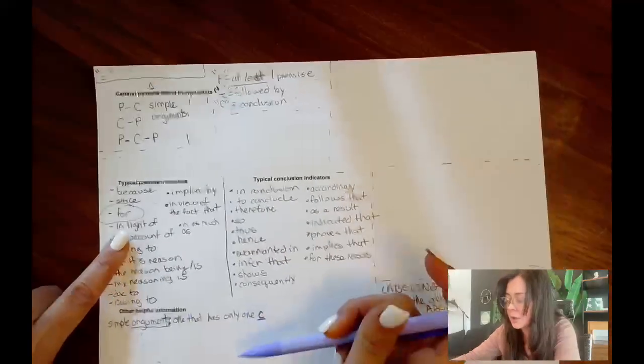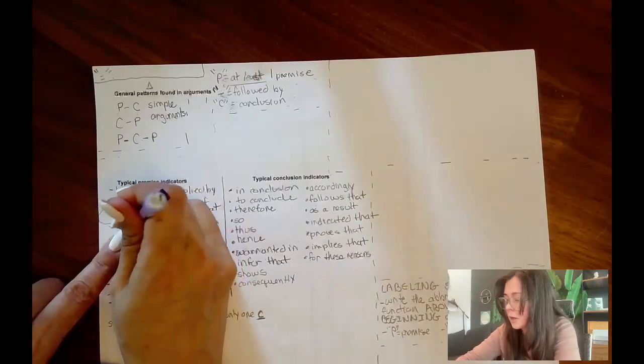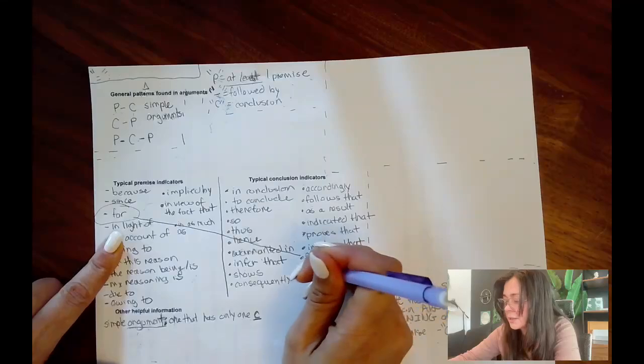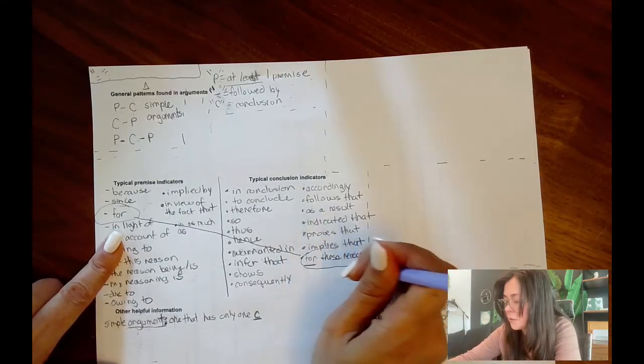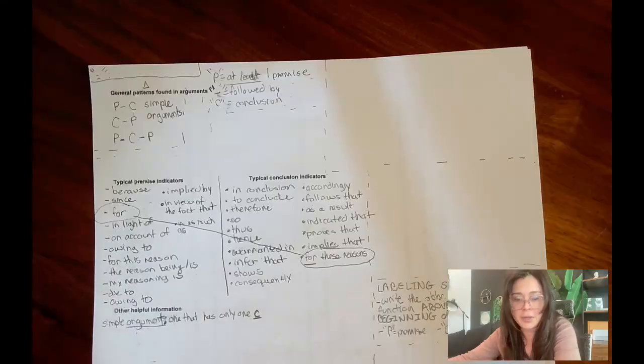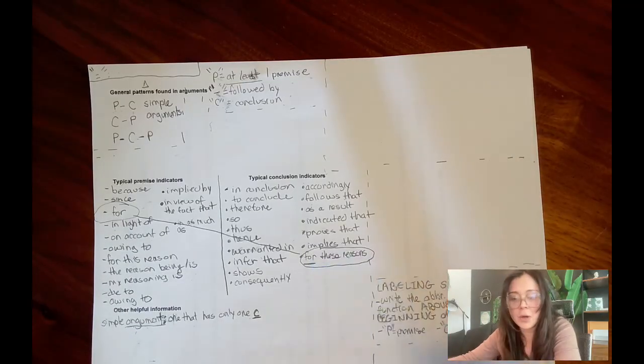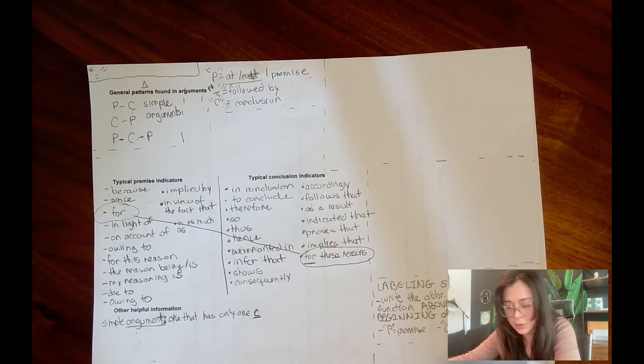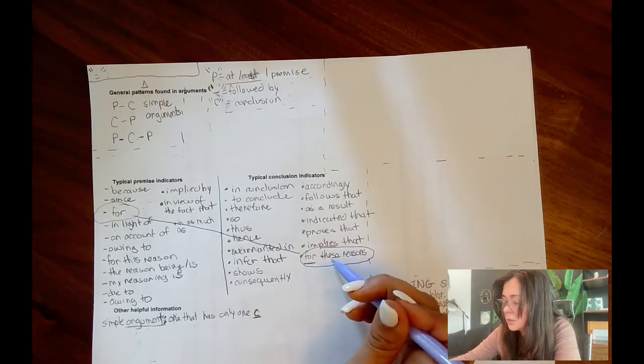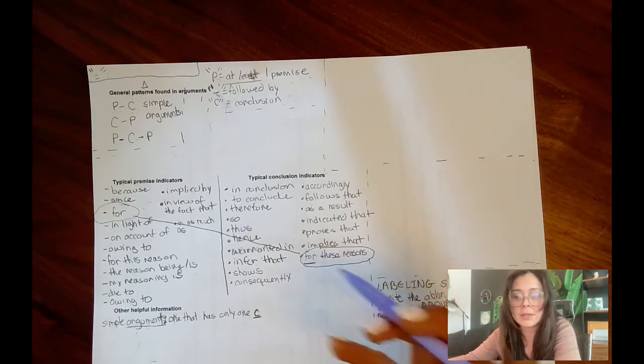Now, I am calling your attention to the word for, so that you can recognize that sometimes you are going to see the word for, but you're going to see it in a bigger phrase. So seeing the word for by itself does not tell you whether you're looking at a conclusion, possibly, or a premise, possibly. Again, you have to use your critical thinking and careful reading comprehension. Here, the word for is used in combination with for these reasons.